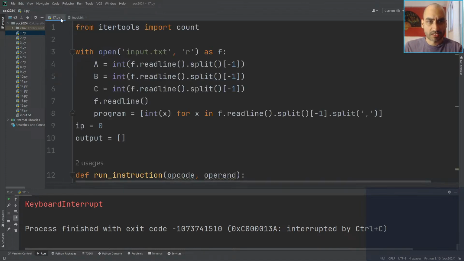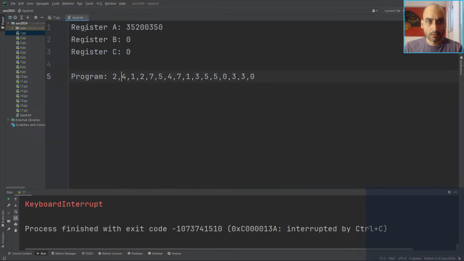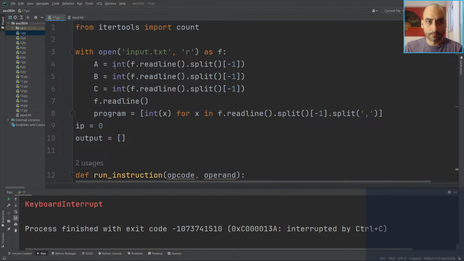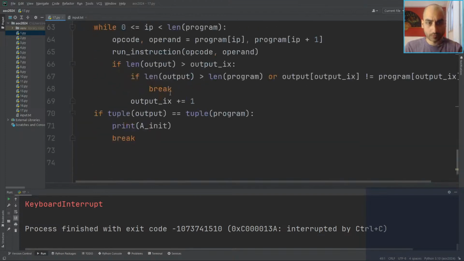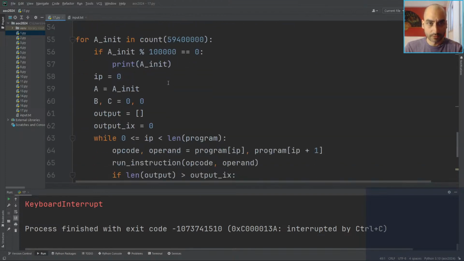I have an idea. Let's just see when we get 2 at the front. I want to know how often that even happens. Just that.